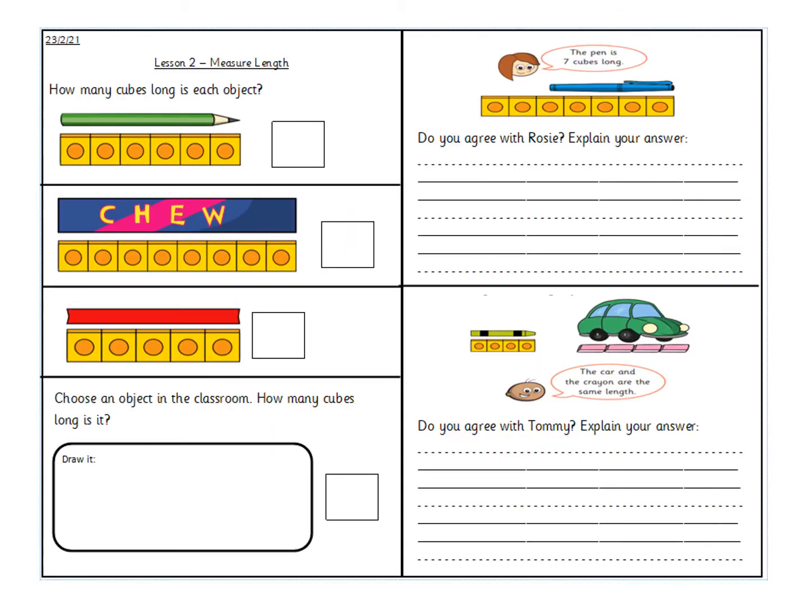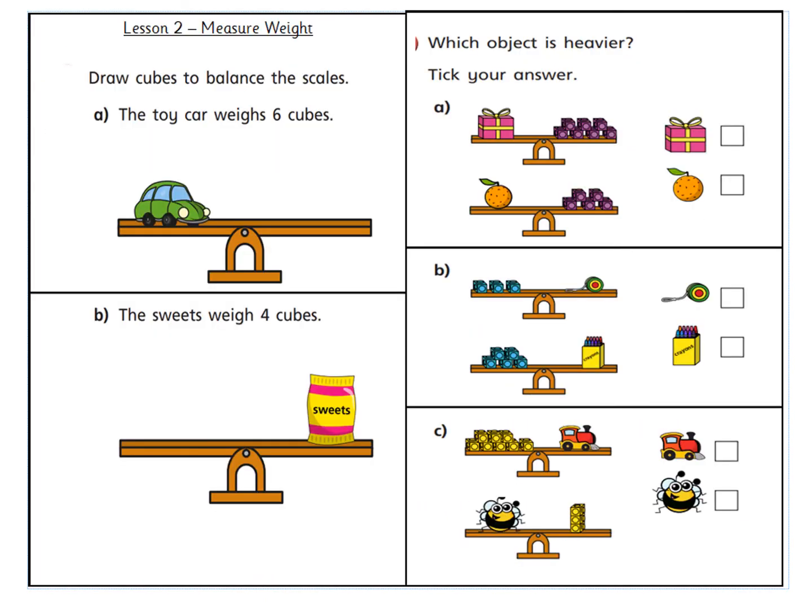Okay, here is your worksheet. And if you can find an object at home as well to measure at the bottom there. And when you're explaining your answers, please make sure you say why, don't just say yes or no. And here you've got to draw on the cubes to show how much the toy car weighs. So it says the toy car weighs 6 cubes.